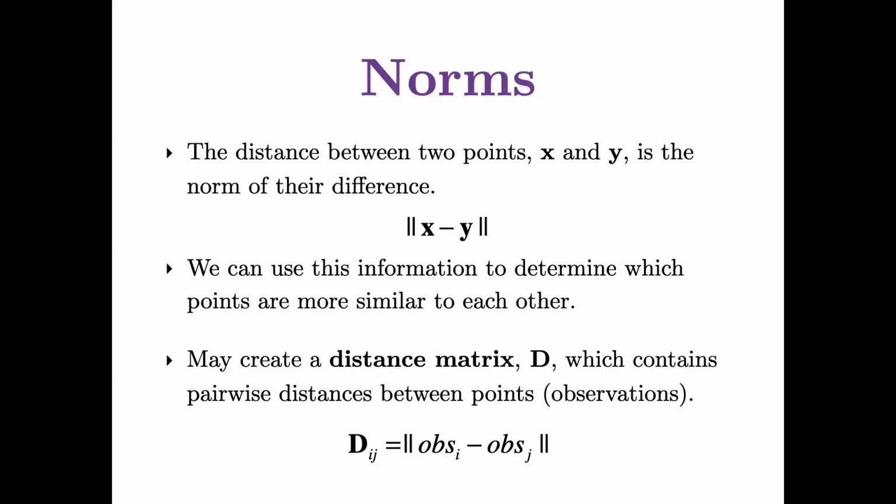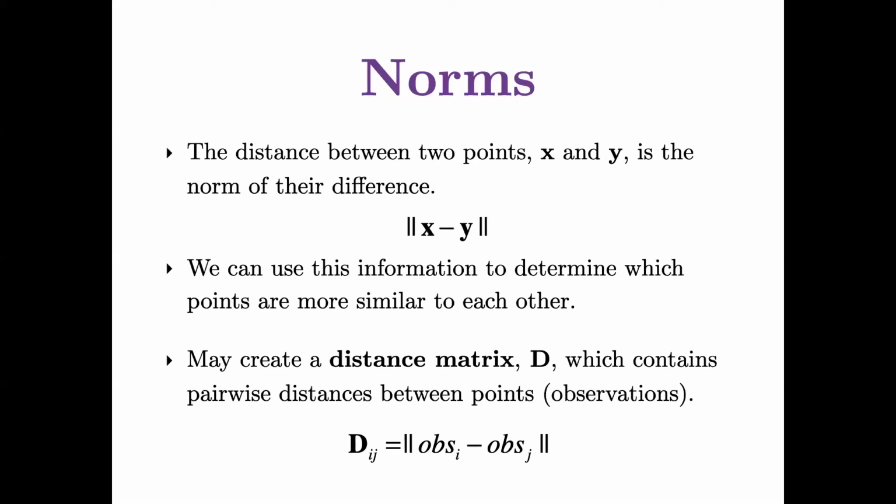The distance between 2 points, say x and y, is the norm of their difference. So it's the norm of x minus y. And we can use this information to determine which points are more similar to each other. We may even choose to create a distance matrix, D, which contains the pairwise distances between points or observations.